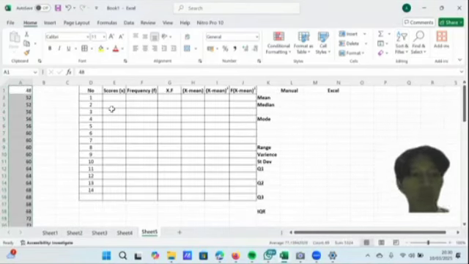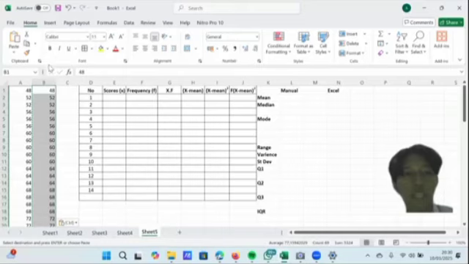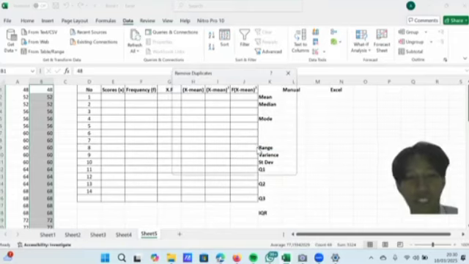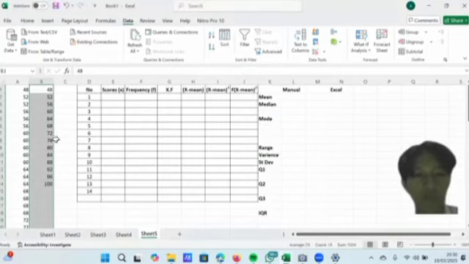After that, we're going to copy and move to column B, go to the data tab, and then remove duplicates. After that, we get the representative of each score and then move it into the column scores.